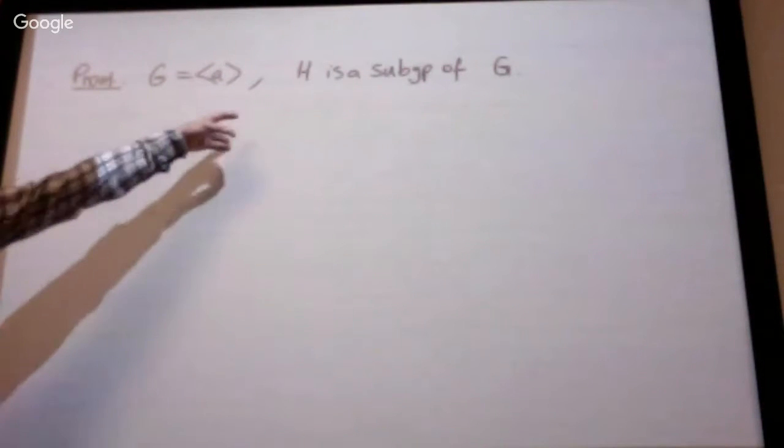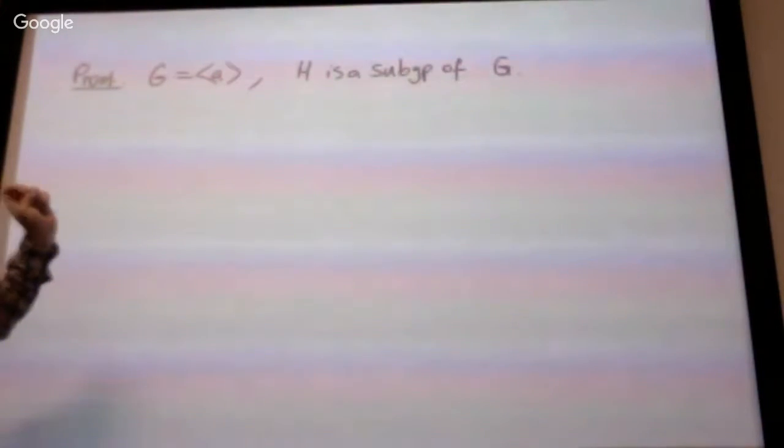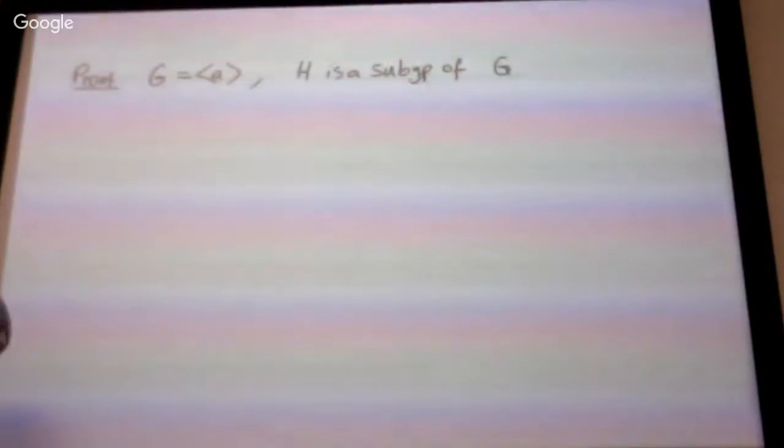Quickly. So, proof. Remember, we have a cyclic group G, generated by one element because it's cyclic, and H is a subgroup of G. We want to prove that no matter what H is, it's also generated by a single element. What is G?